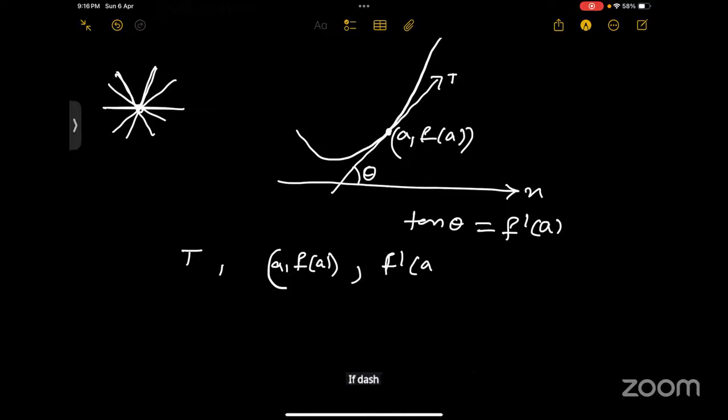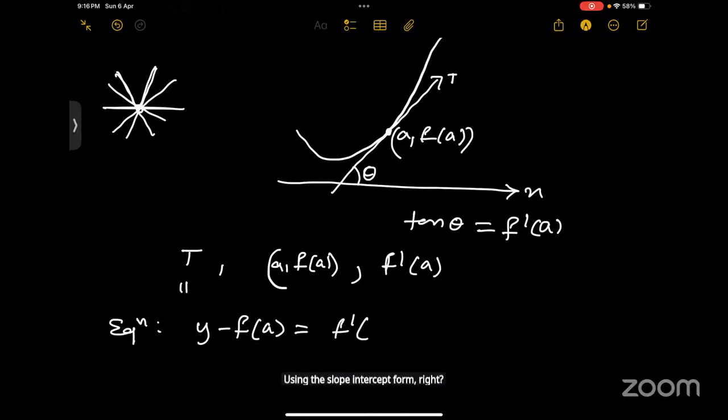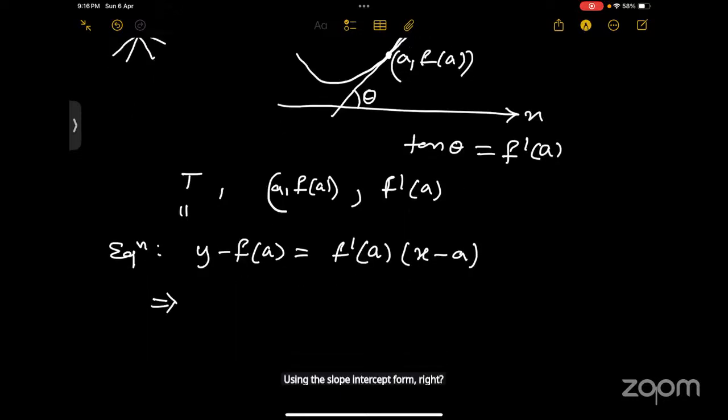So what will be the equation of the line? f dash a times (x minus a) plus f(a), using the slope intercept form, right? So this is the equation of the tangent line.